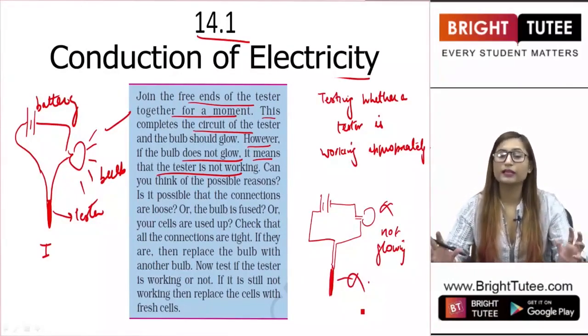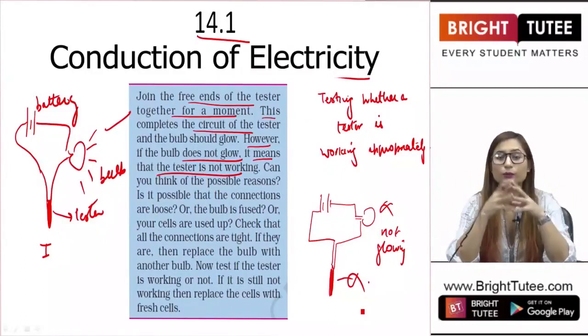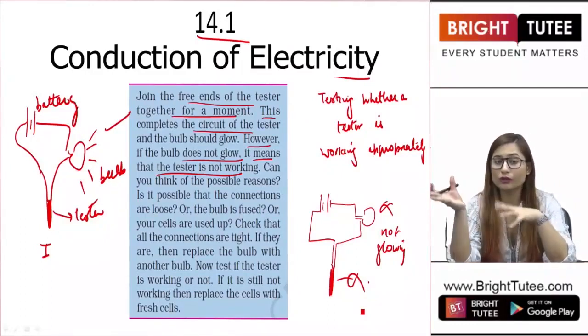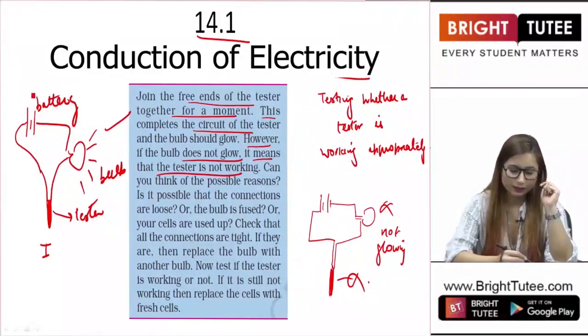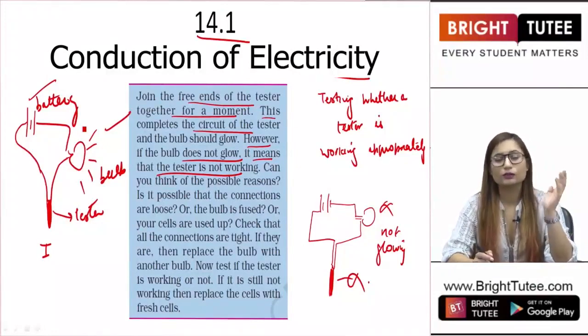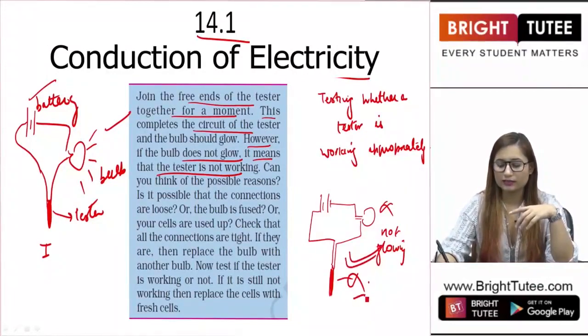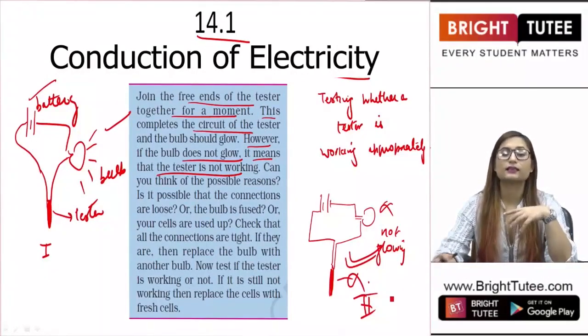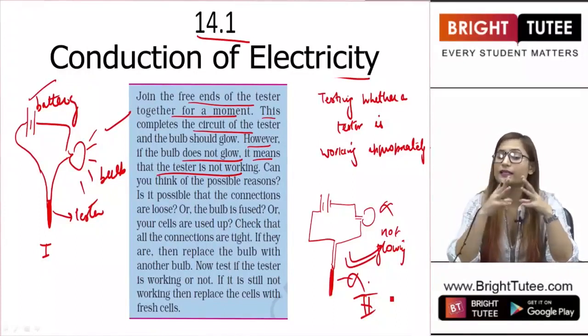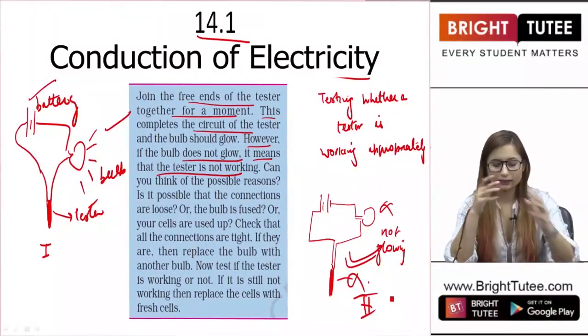So we simply bring the tester into a circuit, and after completing the circuit we check whether the bulb is glowing or not. If the bulb starts glowing, it means the tester is allowing the current to pass through it, so the tester is working appropriately. But if the bulb does not glow, as in case two, it means that the tester is not allowing the electric current to pass through it, hence it is not working appropriately.